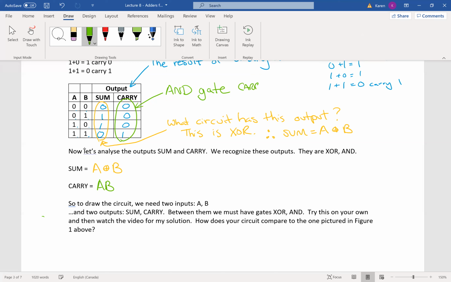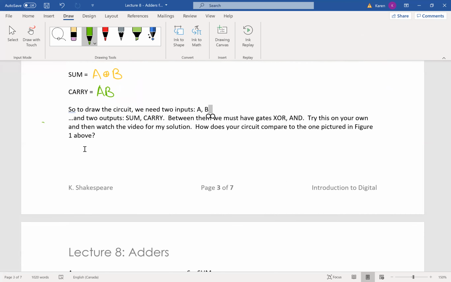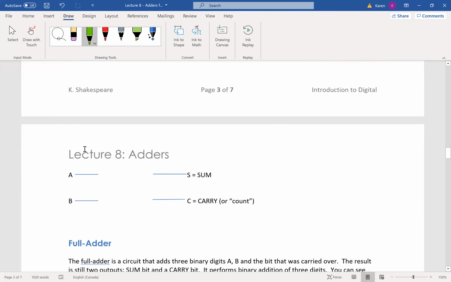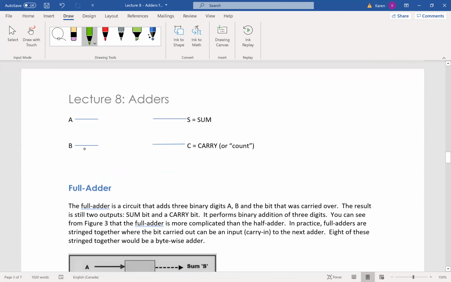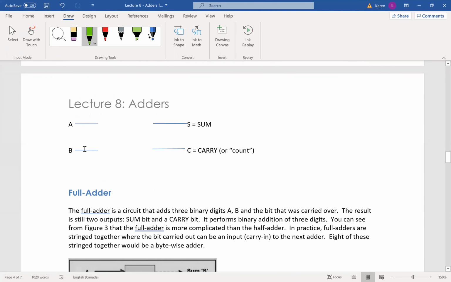So carry, C, equals A and B. Now we have designed our circuit, haven't we? Now we know what this circuit looks like. It has a sum that is exclusive OR, and it has a carry that is A and B. So sum equals A exclusive OR B, and carry equals A and B. These are the two outputs.